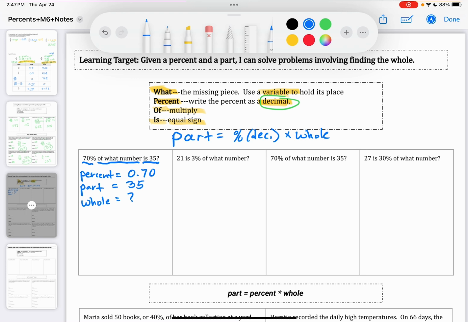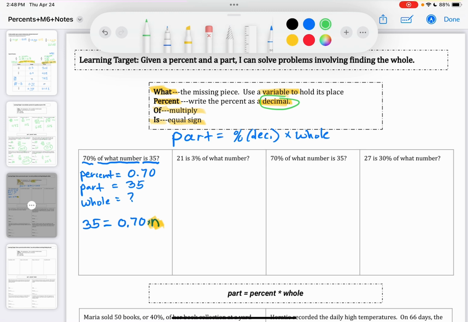So the part is 35. So 35 equals the percent, 0.70, times the whole that I'm missing. So that's n. So I've just set up an equation here. And I need to solve for n.